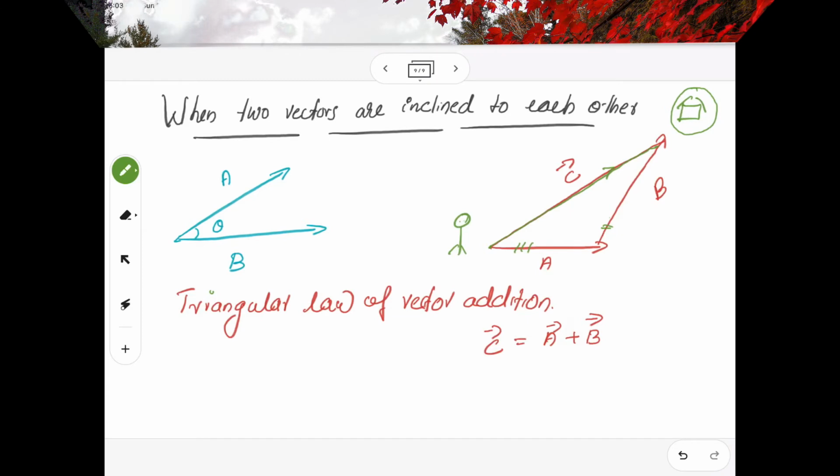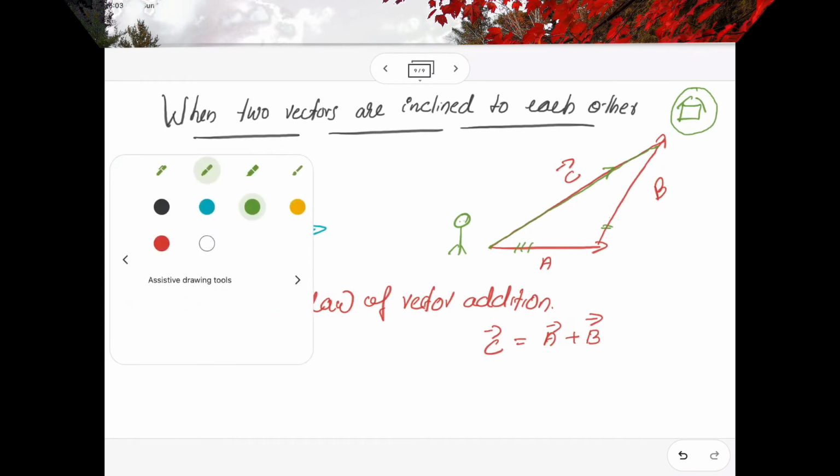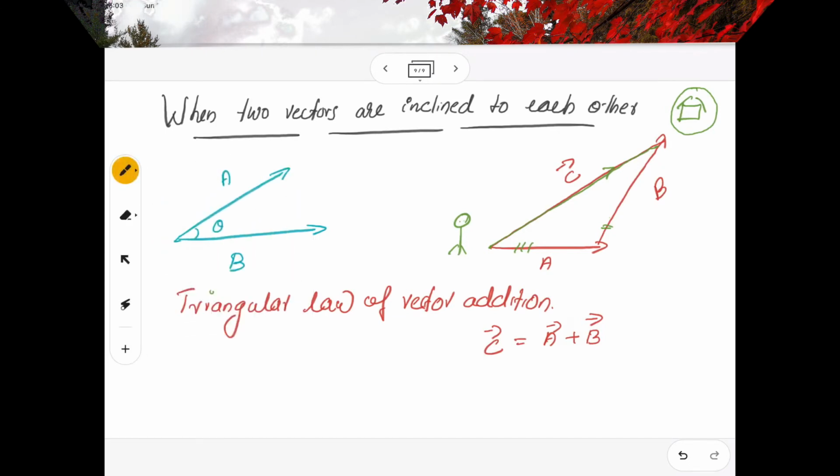Taken in an order means that vector A and vector B are connected in such a way that the tail of vector B is connected to the head of vector A, meaning a head-to-tail connection.